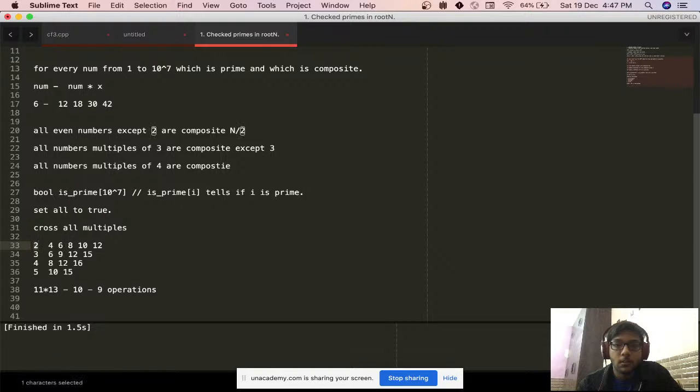Because we can say that 2's multiples 4, 6, 8, 10, I am saying to them that they are not prime. So that's kind of a result. Like if you say something is prime or not prime, that means you are getting to some result, right? Like here in this case, 11 into 13 was not divisible by 3. That doesn't give me anything. That doesn't tell me if it is a prime, if it is not a prime. So that's a wasted operation.